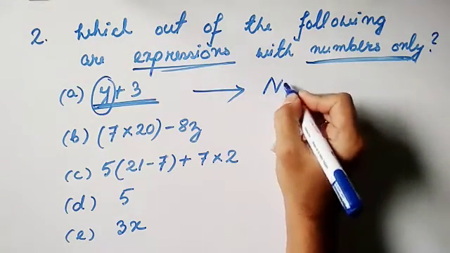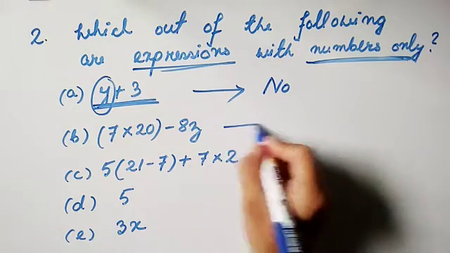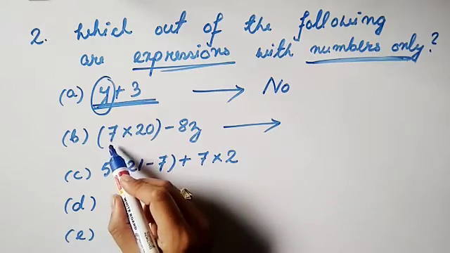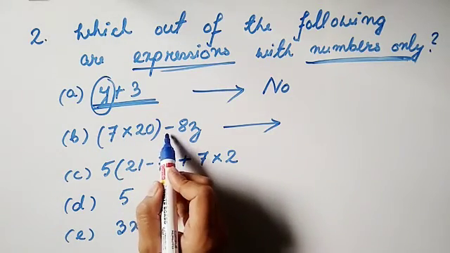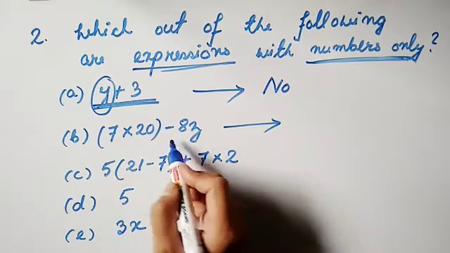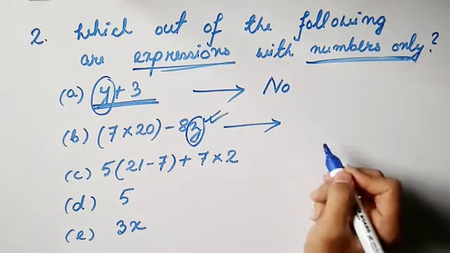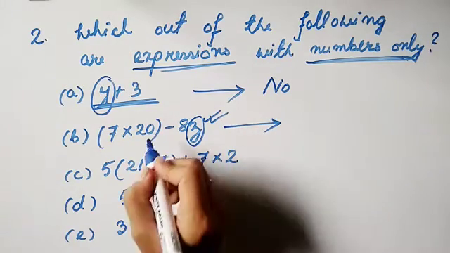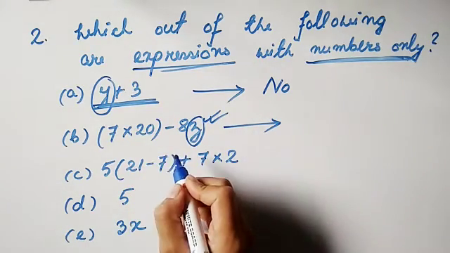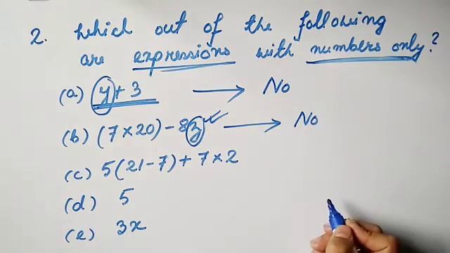No, this is not an expression with numbers only. Understood? Next, our next expression is 7 into 20 minus 8z. As we can see from this expression that there is a variable, and the variable is z. So this is also not an expression with numbers only. So answer will be no.